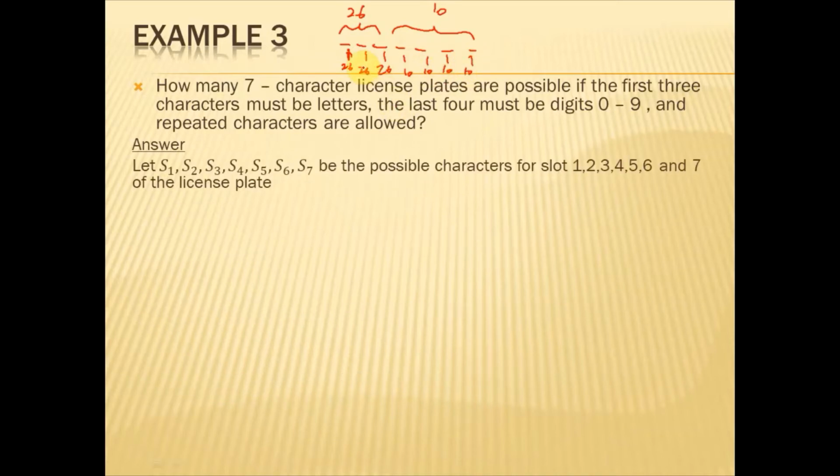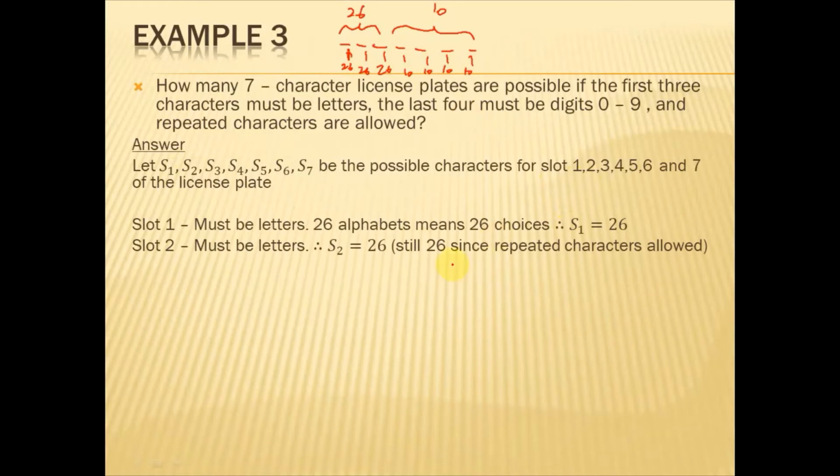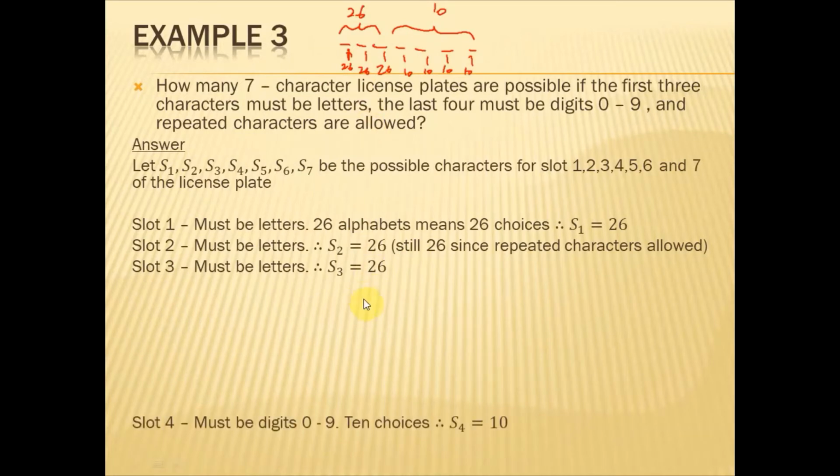So if I put it in a sentence, I let S1, S2 until S7 be the slots for the license plate. For S1, slot 1 must be a letter, so 26. For S2, slot 2 must still be 26 because repeated characters are allowed. S3 is still 26.